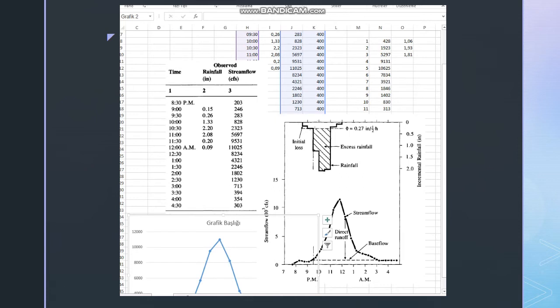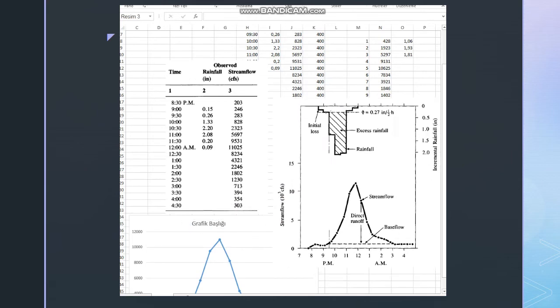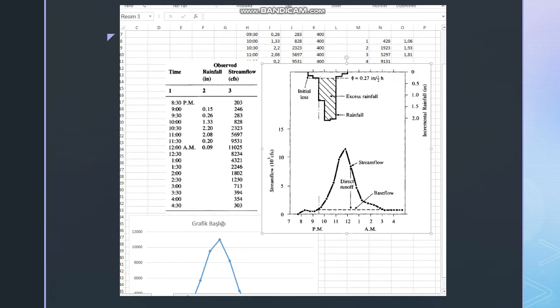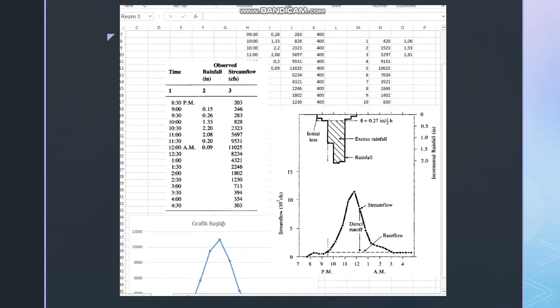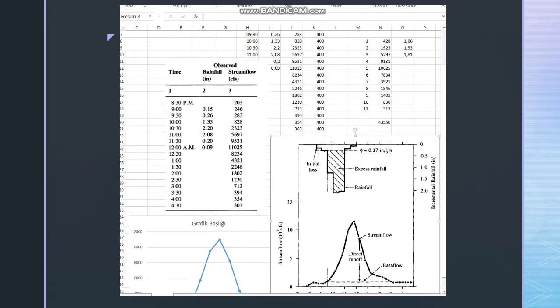Then here we have the phi index, which is 0.27 inch per half hour, and below this is called excess rainfall. This is how we see the excess runoff and direct runoff hydrograph drawn. And we are done with our question. If you have any questions, just let me know.